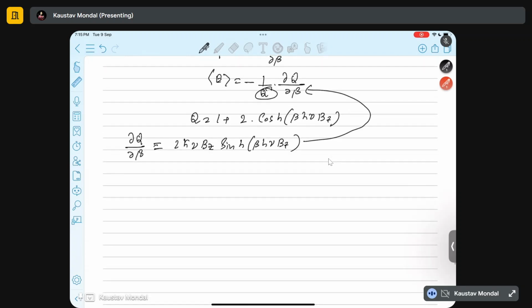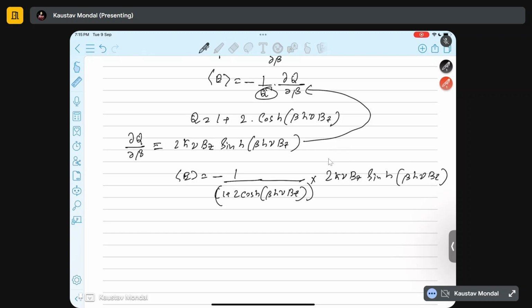So the average energy E would be simply minus 1 by q, where q is 1 plus 2 cos hyperbolic beta h nu Bz, into 2 h cut nu Bz sine hyperbolic beta h nu Bz.